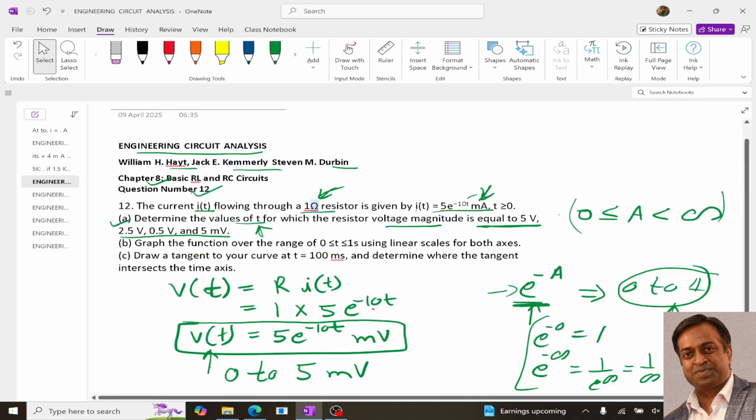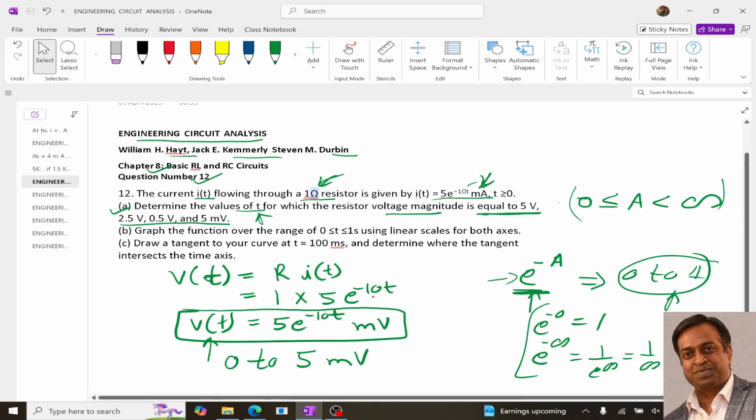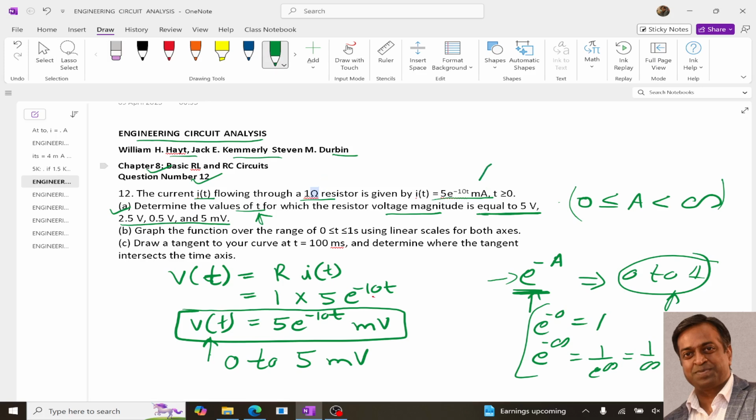So there must be some mistake in the question, and the mistake may be in this milliampere, either it is ampere, or this is kilo ohm. Here we will assume that the current is in milliampere and the resistance is not 1 milliohm, it is 1 kilo ohm.